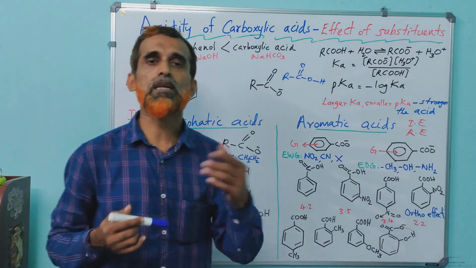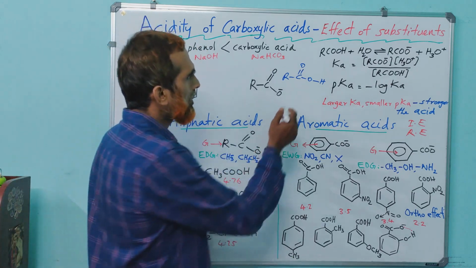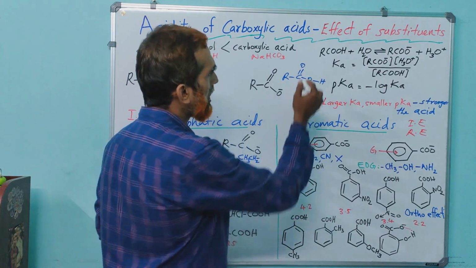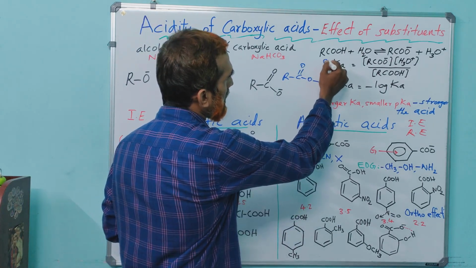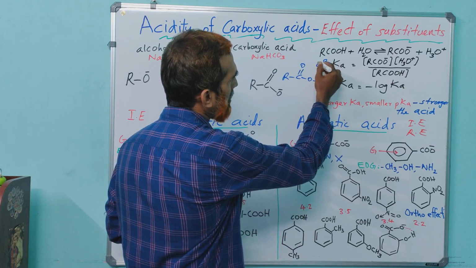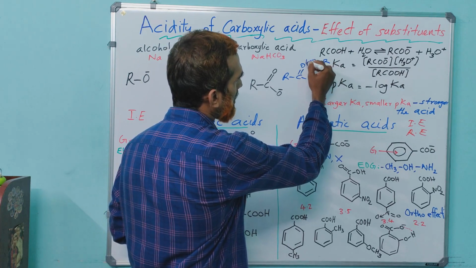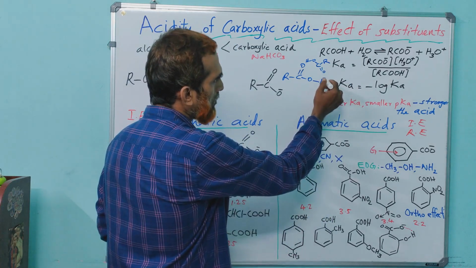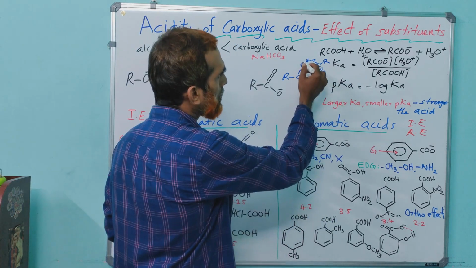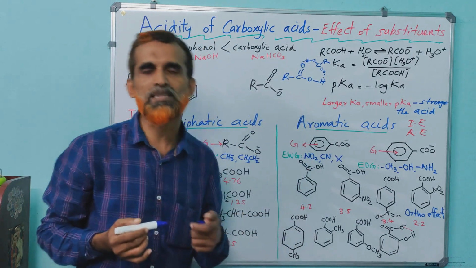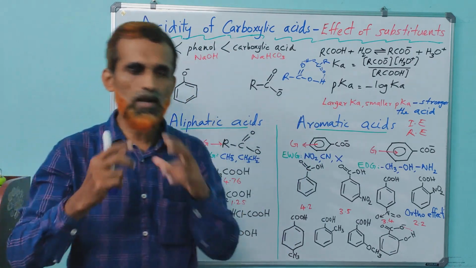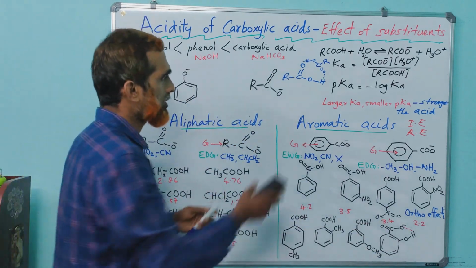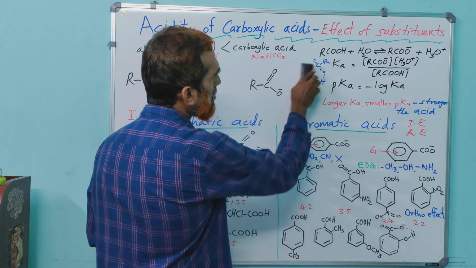You know, in alcohol also there is hydrogen bonding, but in carboxylic acid there is the possibility of dimerization if you consider another carboxylic acid molecule written in this way. So the hydrogen bonding is possible here and also here. Dimerization is possible, so there is stronger hydrogen bonding, and so carboxylic acid has a high boiling point.